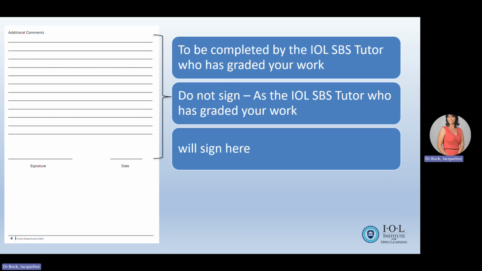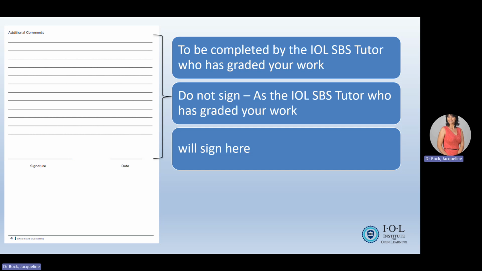The next one is page 4. You will see that there are additional comments, which the SPS tutor will take responsibility to complete. That part is the person who grades your work.